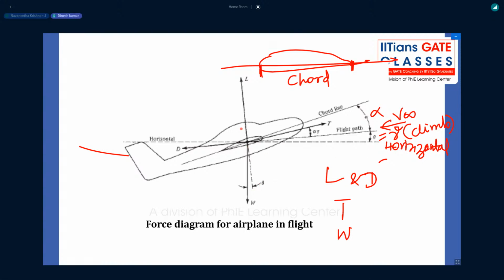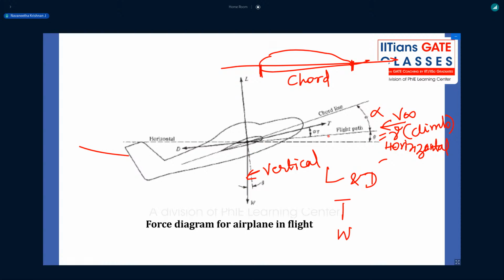If I draw a line perpendicular to the horizontal axis, this is your vertical axis, which is perpendicular to the horizontal axis. Weight is acting along the vertical axis.